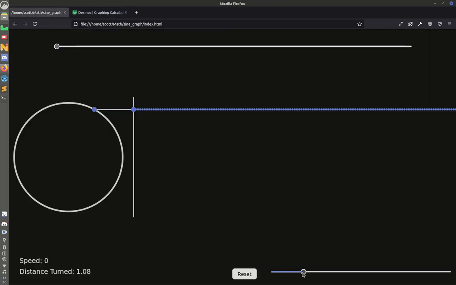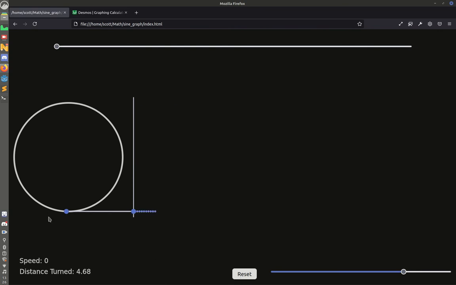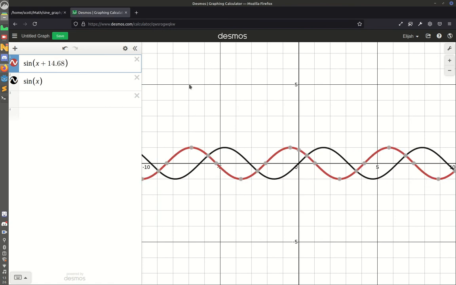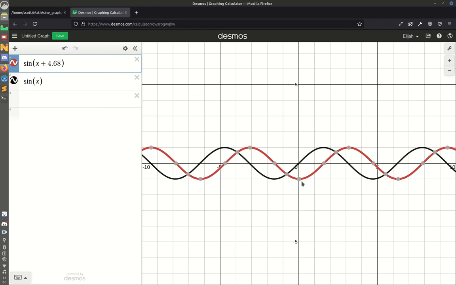If we do another of these, we're going to turn it more so that it's kind of on the bottom. See, it's pretty much at 1 right there. Dang, that was lucky. It's starting at 4.68. If we make this 4.68, that's 14.68. We want 4.68. You can see it's starting at very nearly -1.